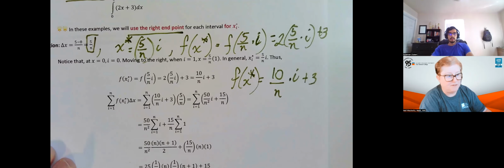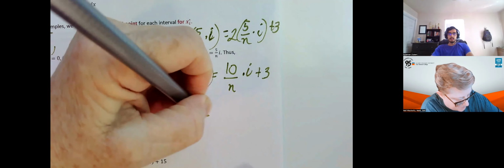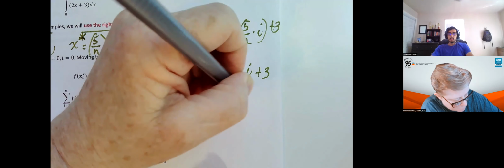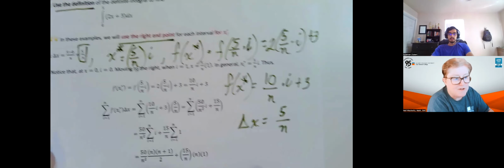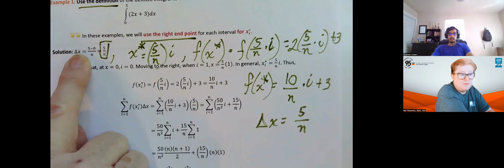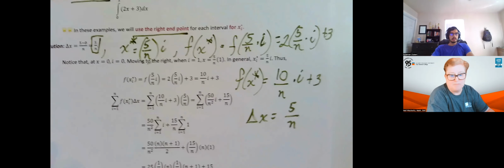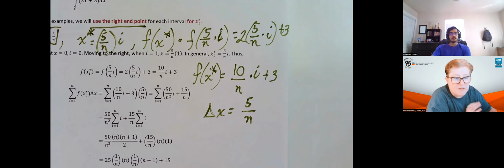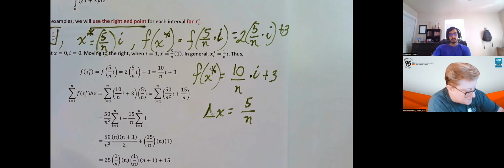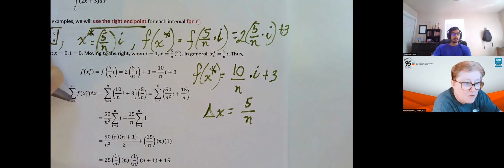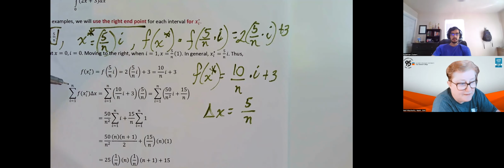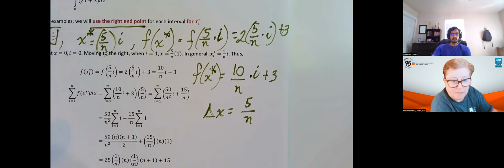We already found delta x. Let's go ahead and put it here. We found that right at the beginning when we have b minus a over n. And the Riemann sum is the product of f of x star times delta x, as i goes from 1 to n.